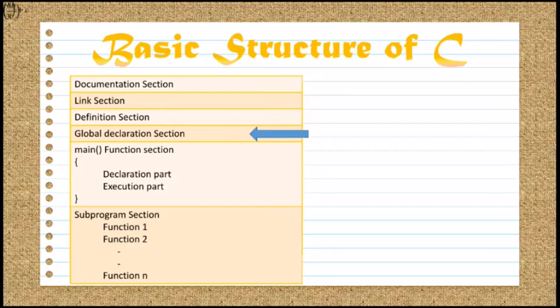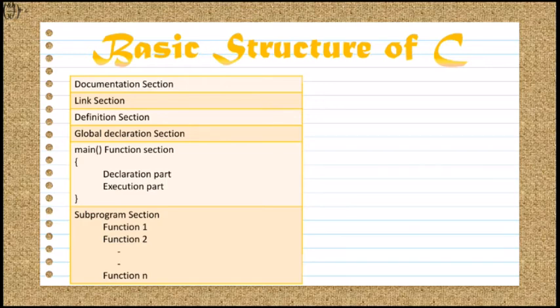So, if you want to use same variable name in different functions, instead of declaring same variable names separately in two different functions, we can declare only one time in global declaration section. This section also declares all the user defined functions. What are user defined functions? We will see in next section.